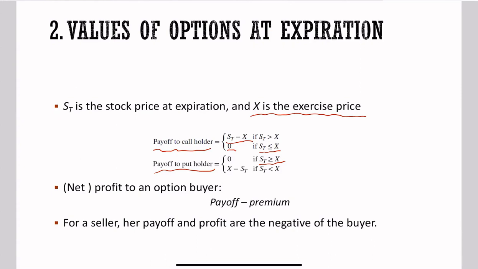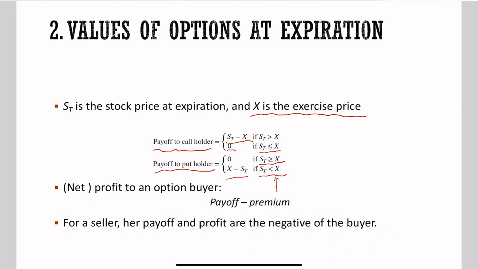So you should not exercise. In this case, your payoff is just 0. And then if the market price is smaller than your exercise price, you will want to exercise your put, because in this case, you will sell at this higher exercise price and your profit is given by X minus ST.